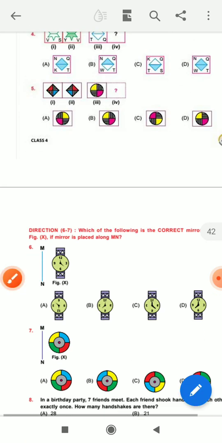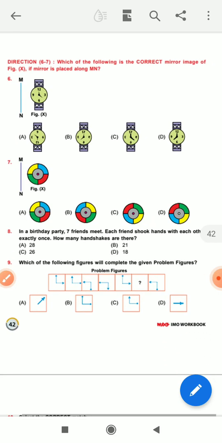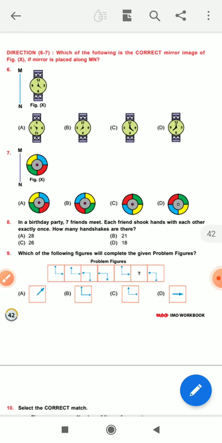Okay, student. Next I discuss question number 6. Which of the following is the correct mirror image of figure X in a mirror placed along MN? Okay, look at the watch. MN.